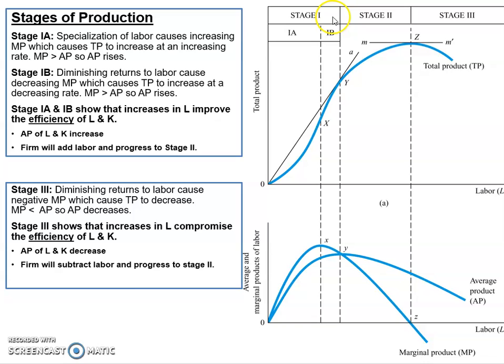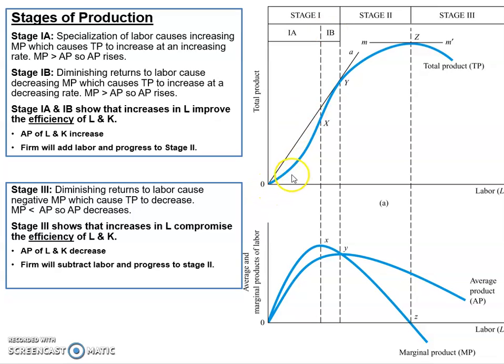What about capital? Well, remember, we're in a short run time frame, meaning that capital is fixed. So if we want to determine the average product of capital, we would take the total product and divide it by a fixed number of, say, machines.